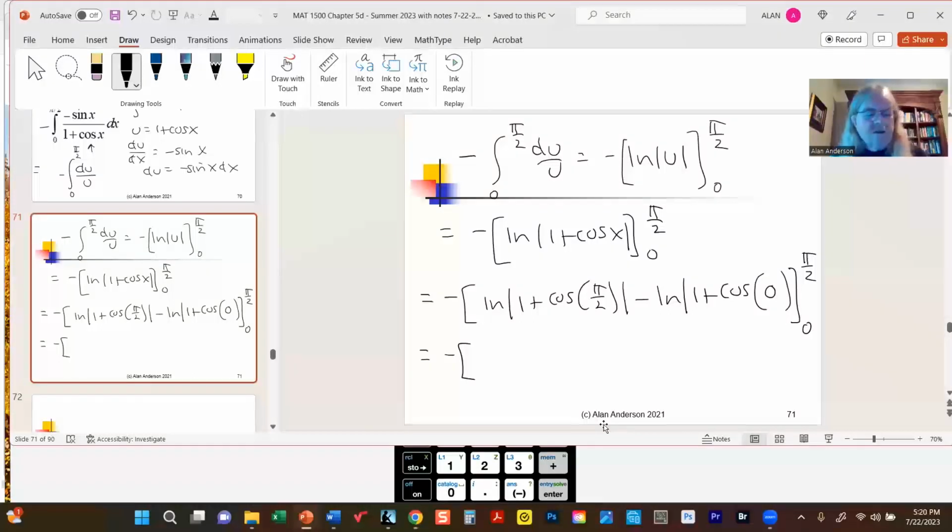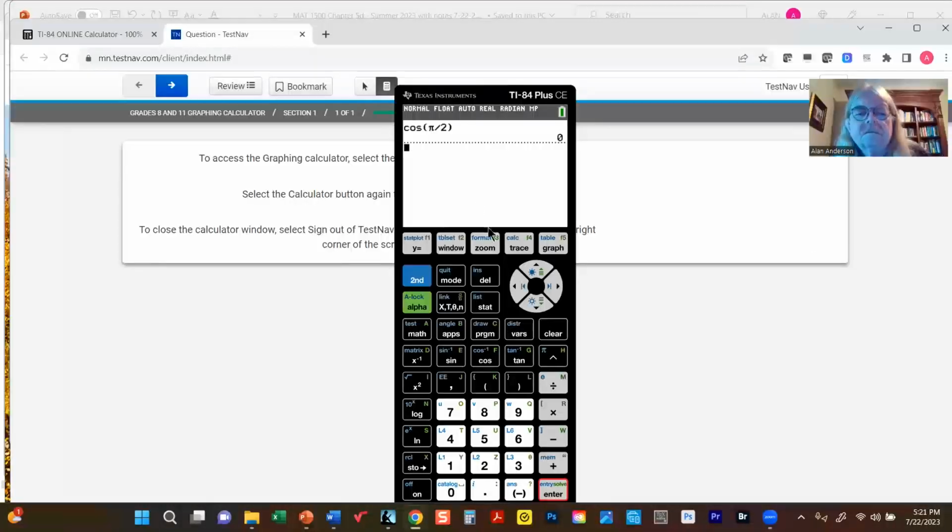So let's fill that one in. Okay, so not negative log 1 plus 0 minus log. So the cosine of 0 would be, by the way, I do want to point out, if you don't use this for a few minutes, sometimes it disappears.